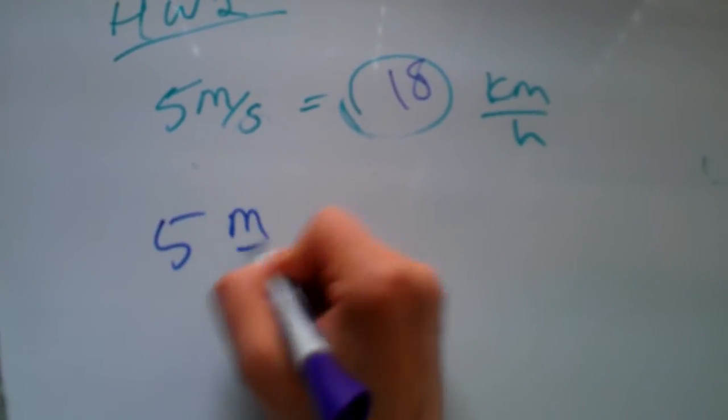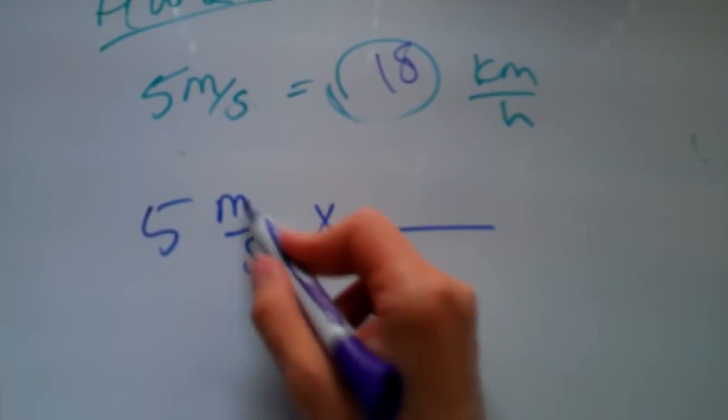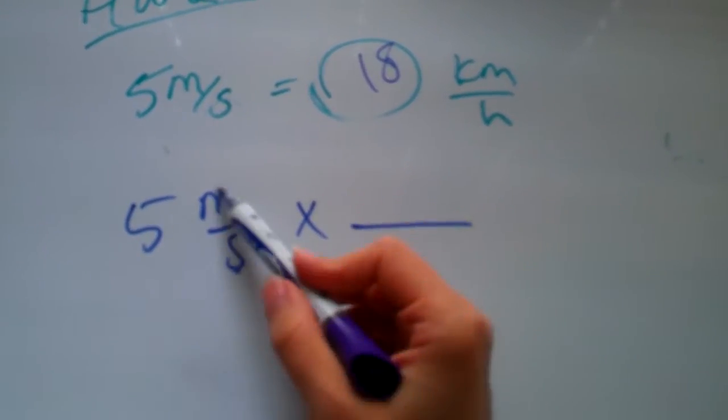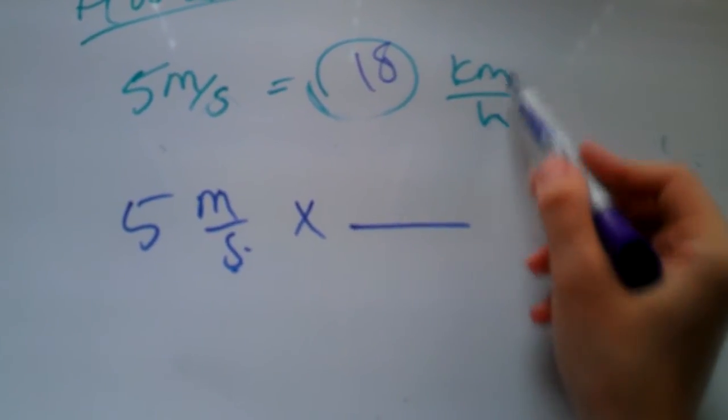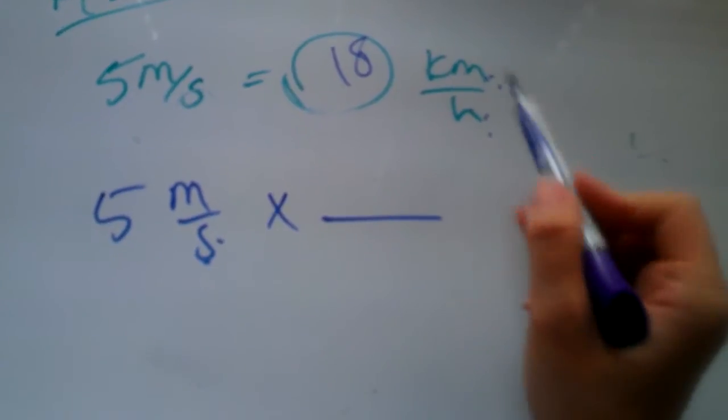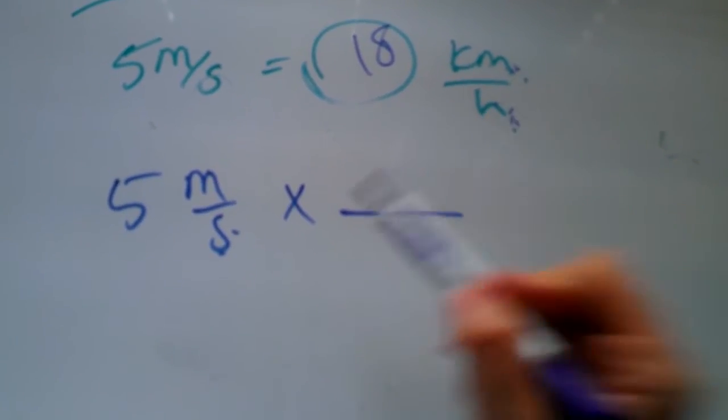So we go 5 meters per second. You try to cancel meters and seconds in the numerator and denominator and generate kilometers and hours upstairs and downstairs.